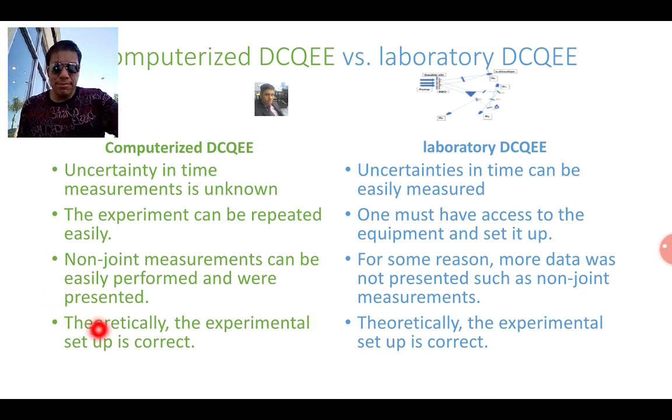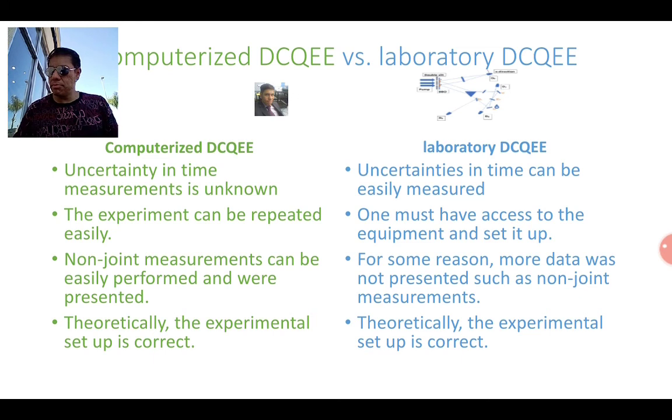And theoretically, the experimental setup is correct. So you may say, well, the uncertainty in time is not known, but you can say theoretically, this is the experimental equivalent of the quantum computer that gets the results.